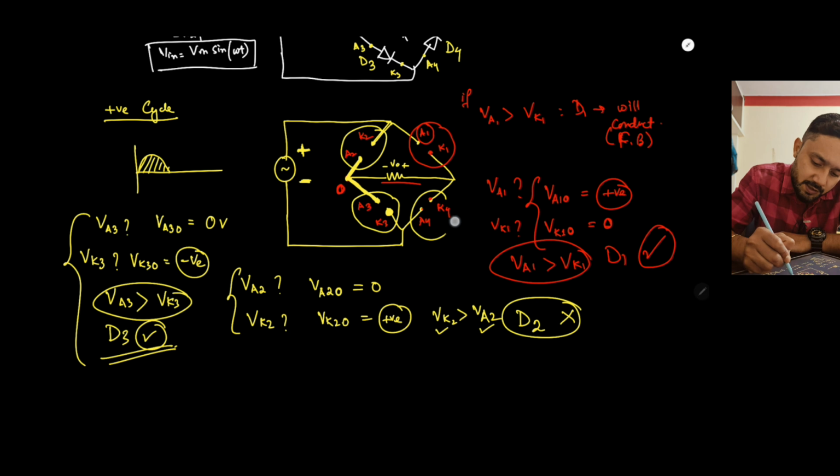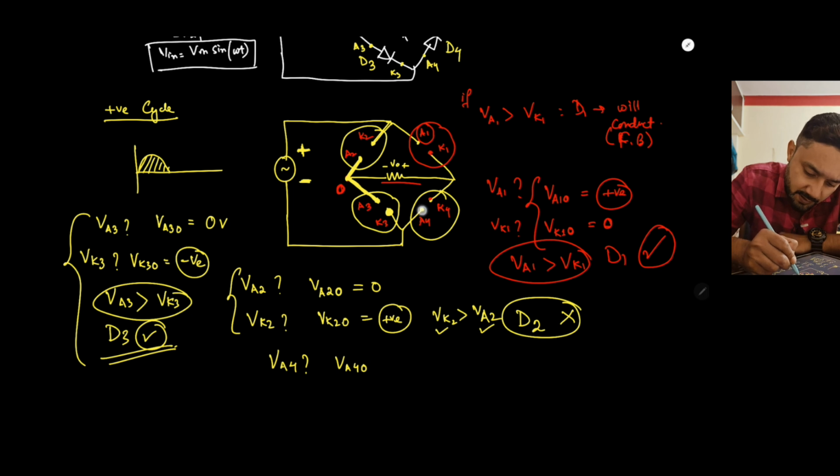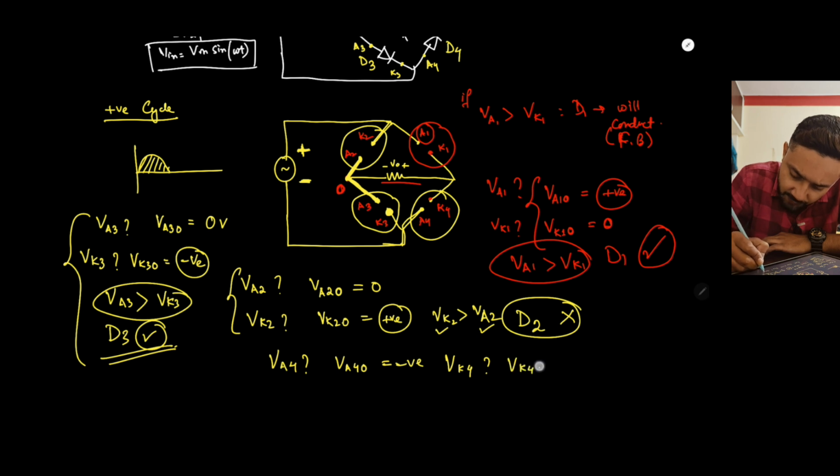And the last, let's check for diode 4. What is VA4? The VA4 with respect to the reference will be negative, and VK4, what is VK4? VK4 with respect to reference, since no current is flowing, the VK4 and the reference are at the same potential, it will be 0.